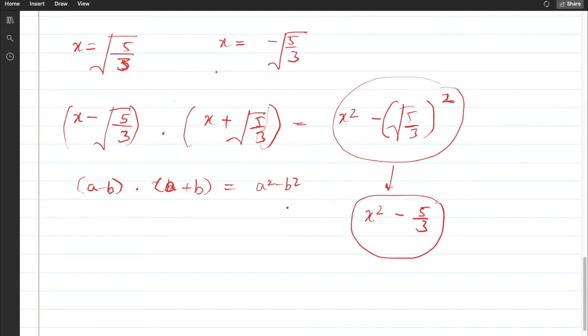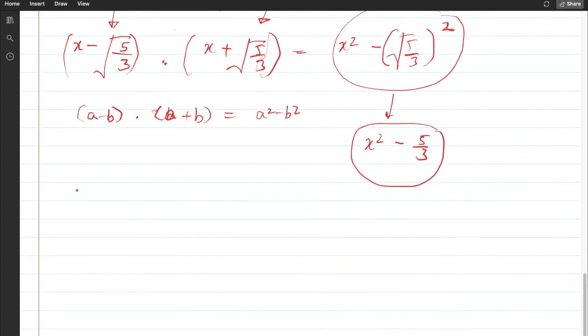So now just remember the steps that I'm using to solve this question. Firstly, in the question you were provided with the zeros: one of the zeros was under root 5 by 3 and another zero was negative under root 5 by 3. You converted them into the form of x minus, and then you rewrote them like this, then you multiplied them, and then you got the expression like this. Now what you need to do is divide that bigger equation.